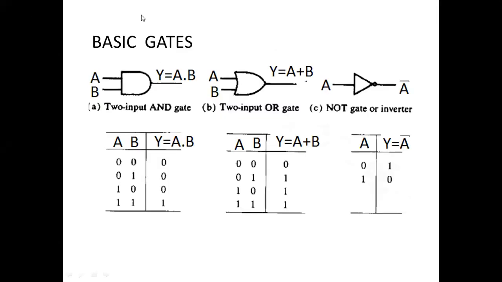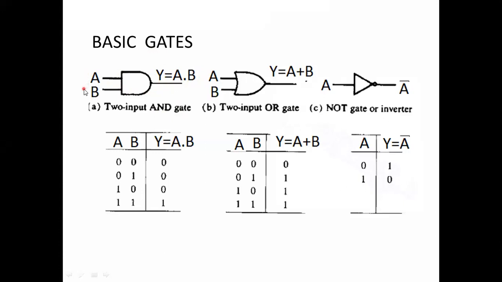Basic gates: if you are taking a two input AND gate, the two inputs are A and B. Here A and B are two inputs, so Y is equal to A dot B. The expression for the AND gate is Y is equal to A dot B.